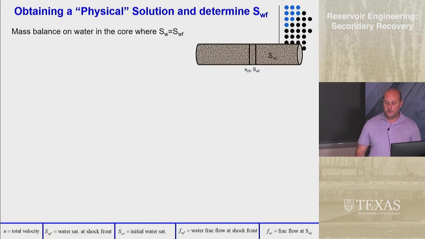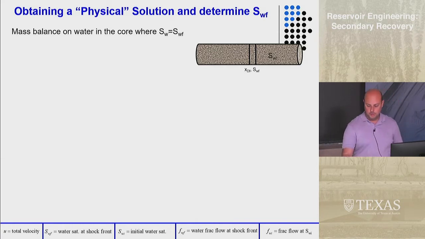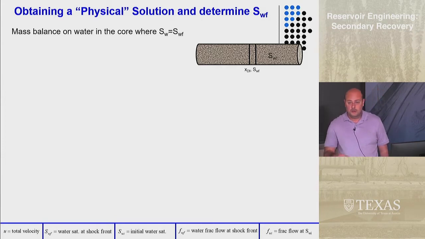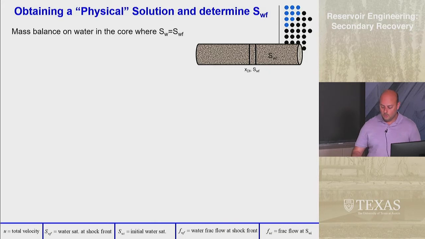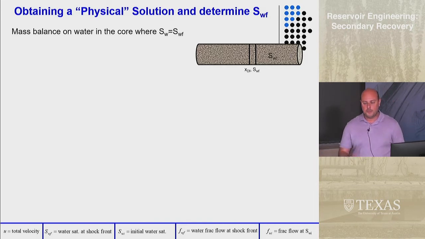To find SWF, we did a material balance on water. We chose a position, XDF. We don't know what that position is yet, but there's some position, XDF, where you have the shock. And at that position, the water saturation changes abruptly from SWF to SWI.